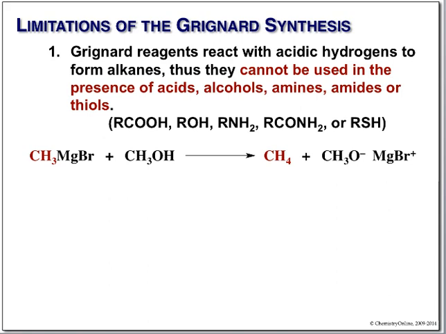If you try to do this in the presence of carboxylic acids, amines, alcohols, here's an amine again, or an amide, this is a thiol, what it will do is simply pull off a proton, simple acid-base chemistry. Here we have methyl magnesium bromide and methanol. We wind up with methane, take the hydrogen off, and get the alkoxide.